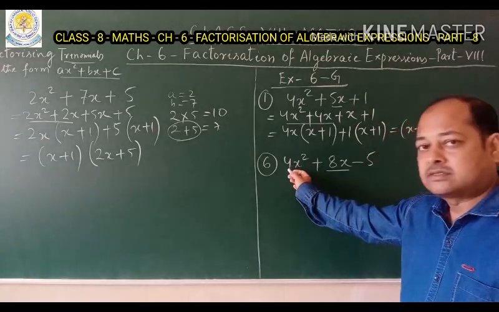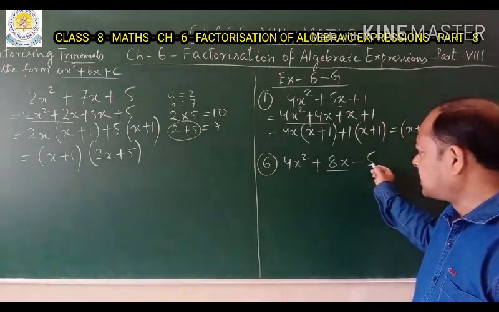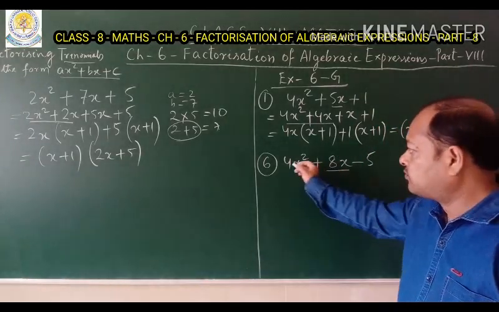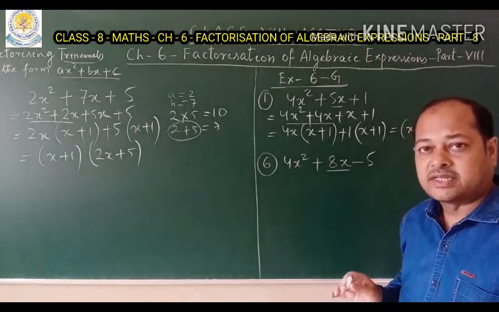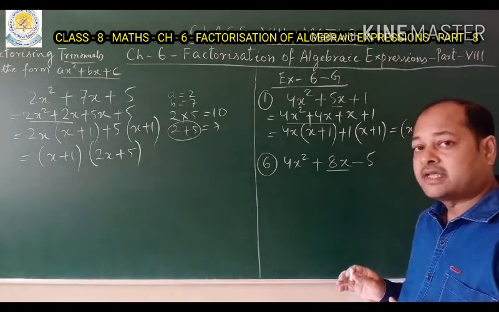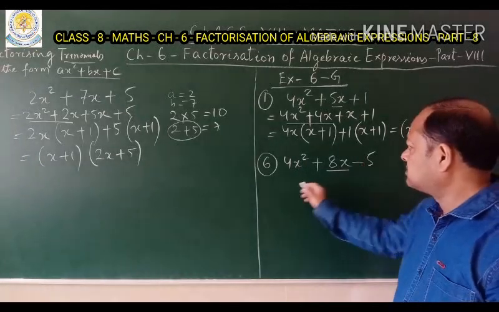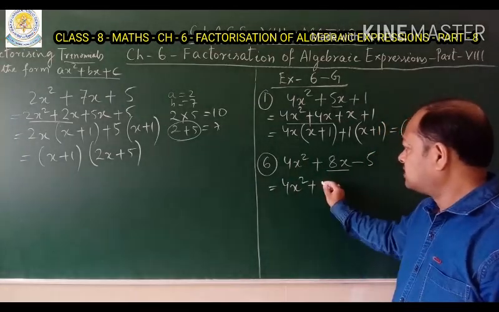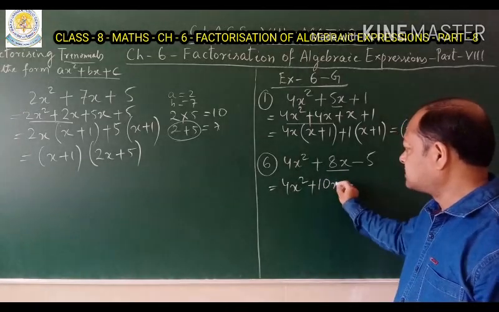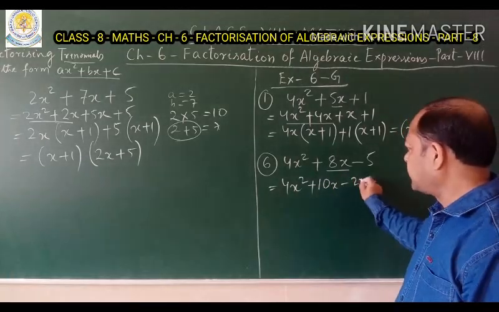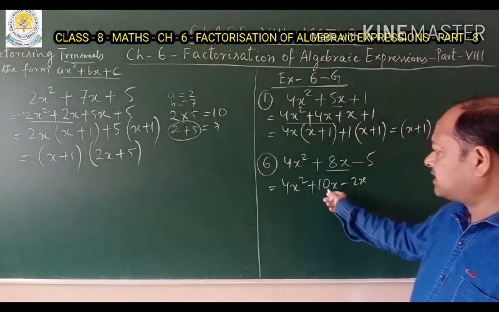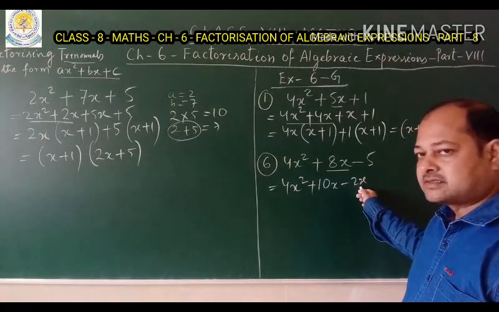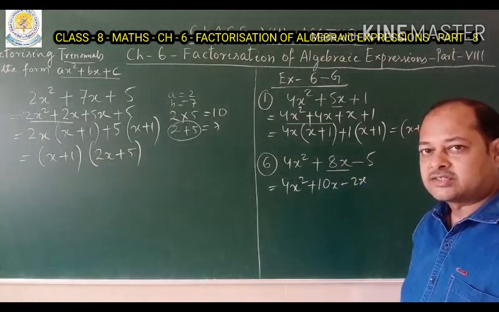Because the first term 4 is present and in the last term 5 is present, 4 into 5, how much? 20. So what are the two numbers? If you write 10x minus 2x, look here, 10x minus 2x you will get 8x, yes or no?